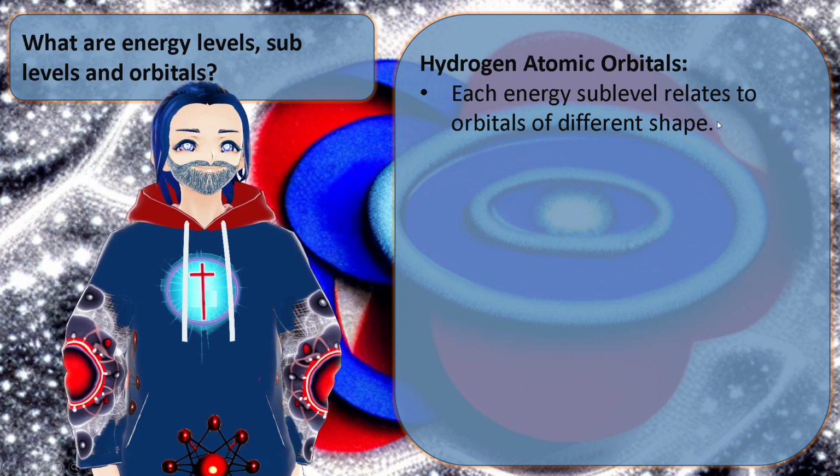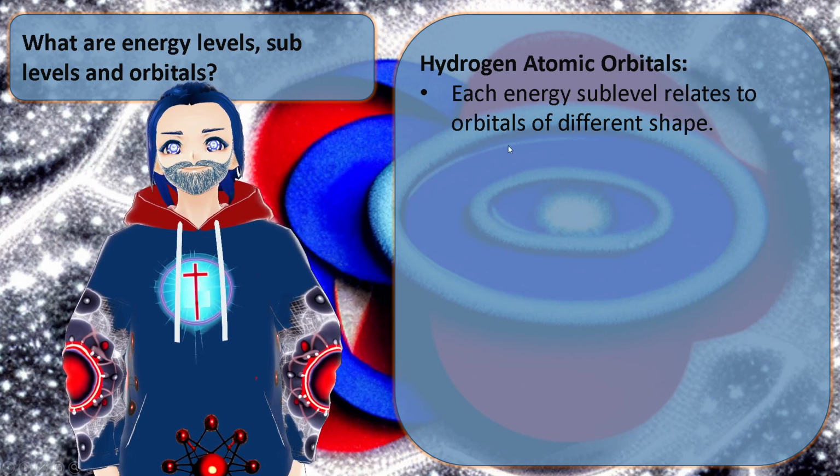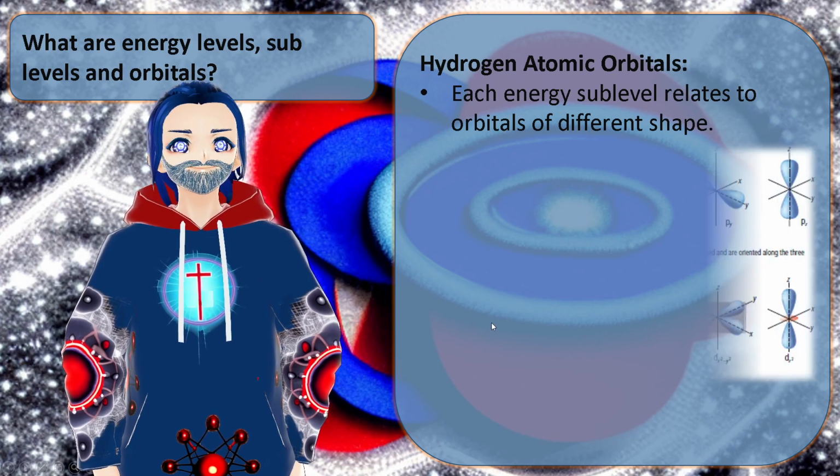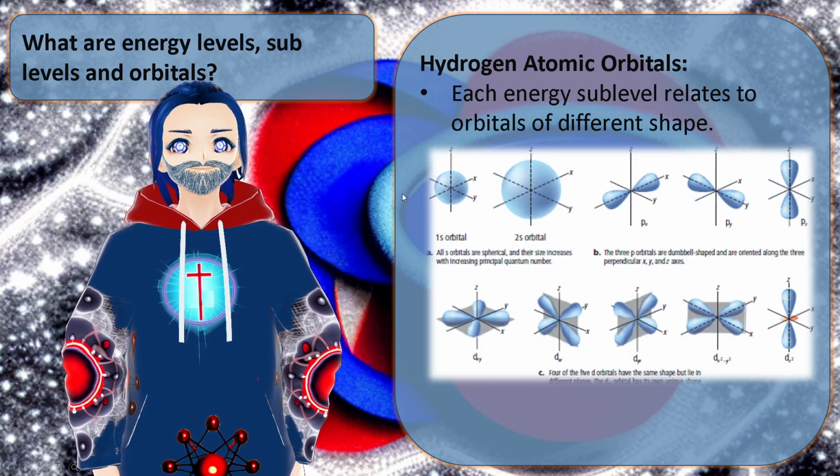Each energy sublevel relates to a pattern of electron motion called orbitals, which have very distinct and different shapes. Okay, and so you have s orbitals, which are basically spheres of different expanding size. You have p orbitals, which are said to have what's called a dumbbell shape, or hourglass shape maybe.